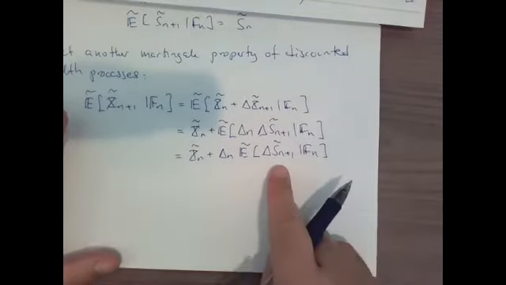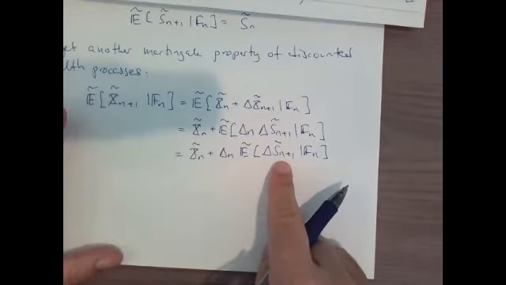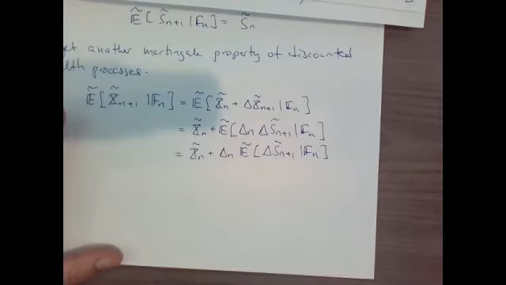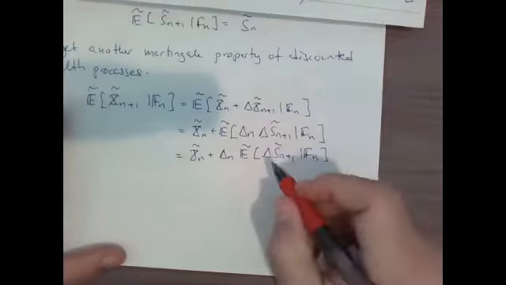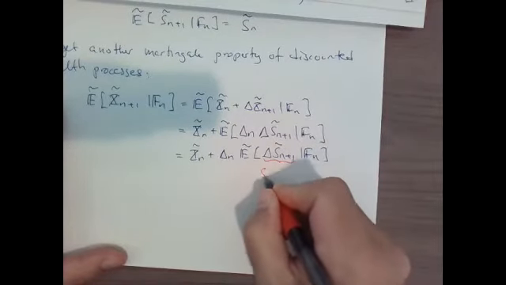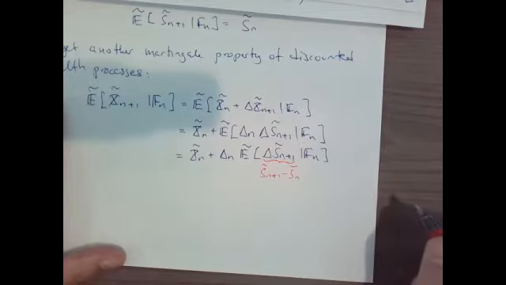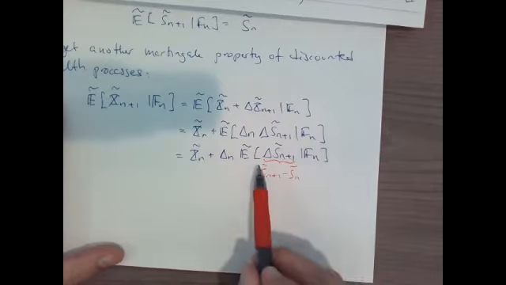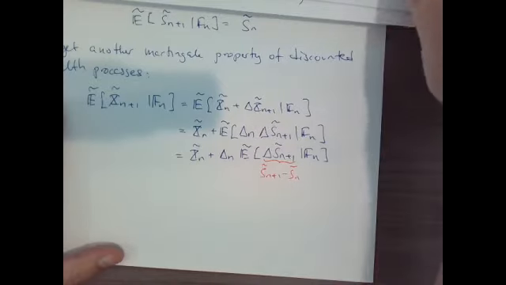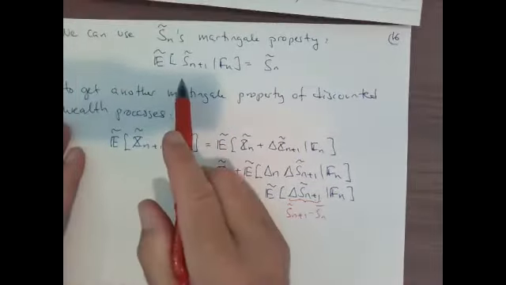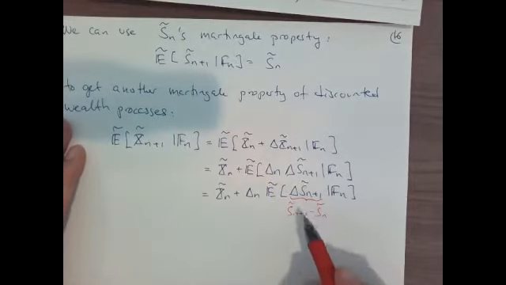So what is the expectation in here? Well, of course, we have in here S tilde n plus 1 minus S tilde n. But you see, when I condition, I can use the martingale property to say that the conditional expectation of this quantity is exactly that quantity.